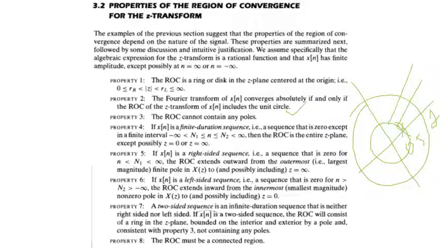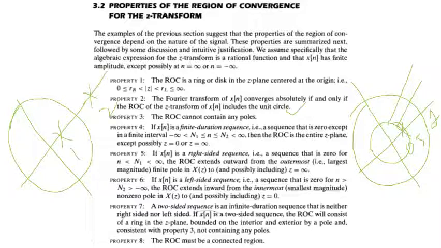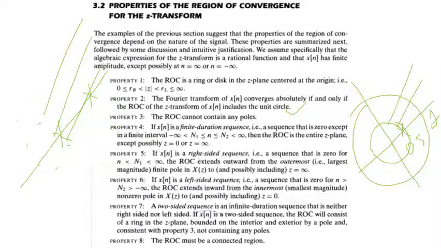ROC cannot contain any poles. If there is a pole here and another pole at 2, we cannot say that ROC is greater than 1 by 2, because there is a pole at 2. So ROC can never contain a pole.